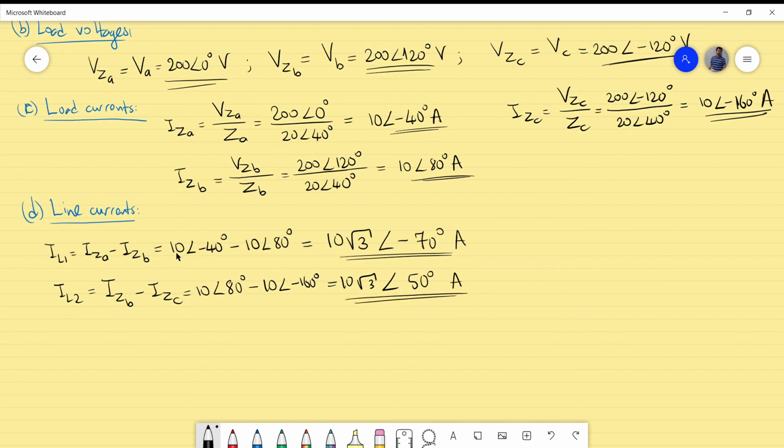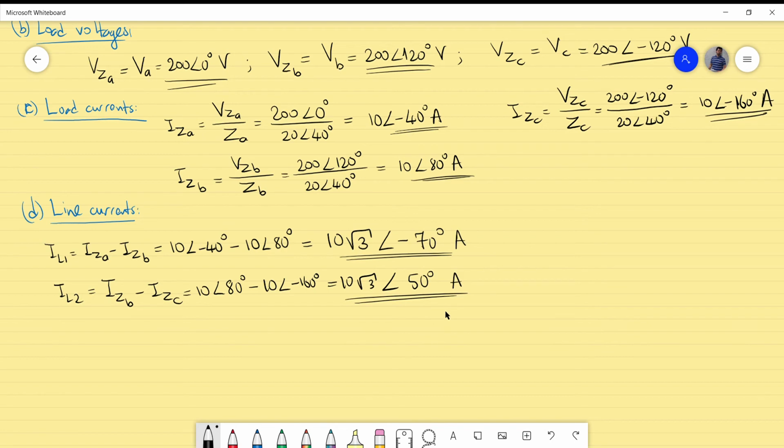The amplitude will be multiplied by square root of 3, exactly the same, and this first phase, which is minus 40 in this case, will be reduced by 30 degrees. And it's actually exactly the same done here for the 80 degrees. So we are 80 degrees minus 30 degrees, and we end up at 50 degrees.